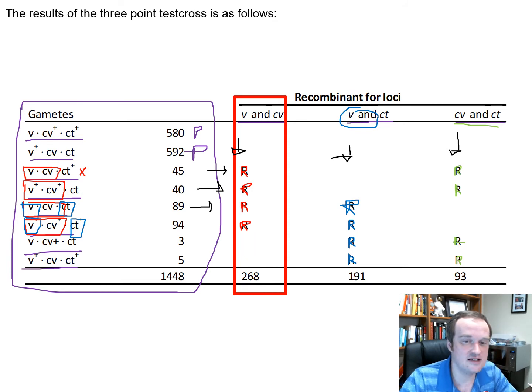Okay, so from this now, at the bottom, we're going to add the numbers in our columns with R. So if we add up 45, 40, 89, and 94, we are going to get 268 here.